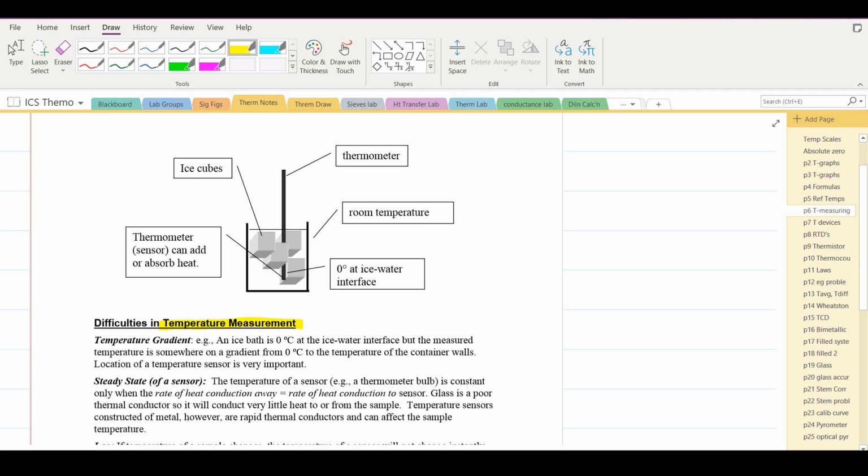Now, if the thermometer is located in the center of the beaker at the surface of the ice, then there's a pretty good chance that we'll be measuring a temperature very close to 0 degrees C. But you can probably appreciate that if we had a thermometer that was situated against the side of the beaker, like so, and consider that perhaps the temperature outside the beaker was, say, room temperature, let's say it's 20 degrees Celsius.